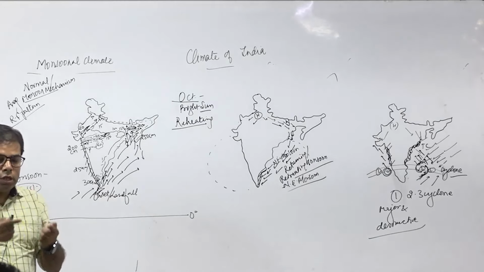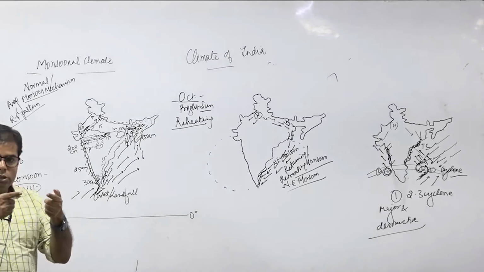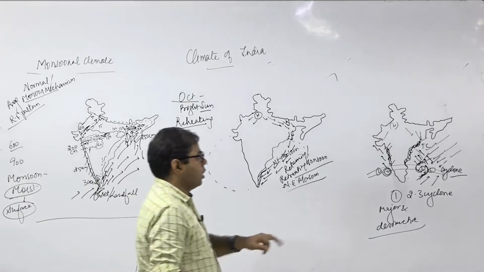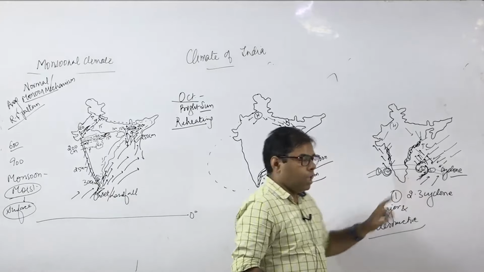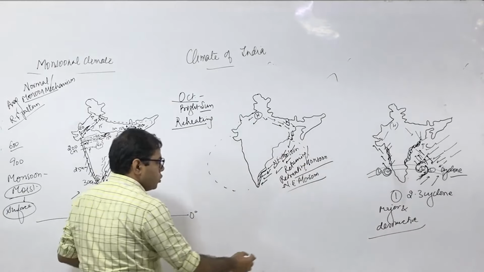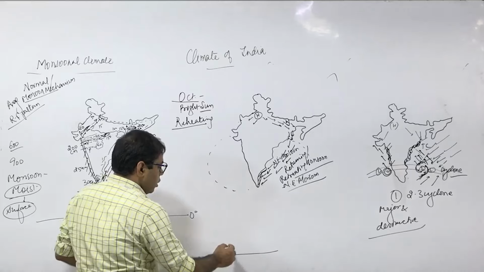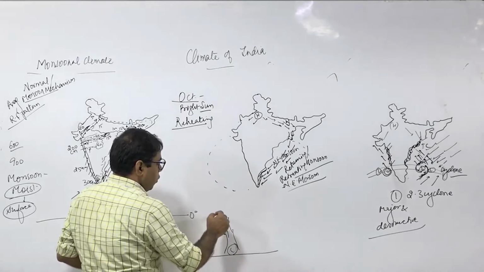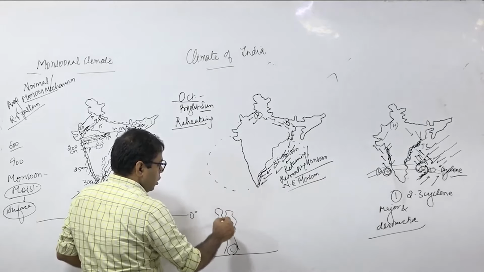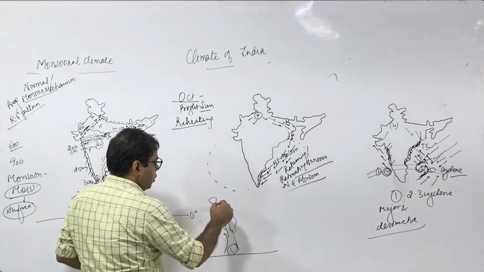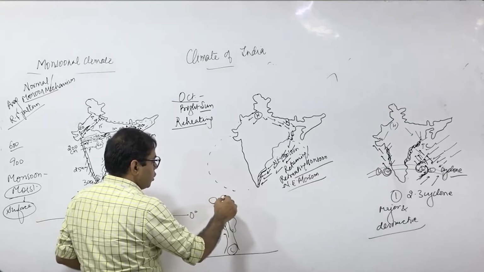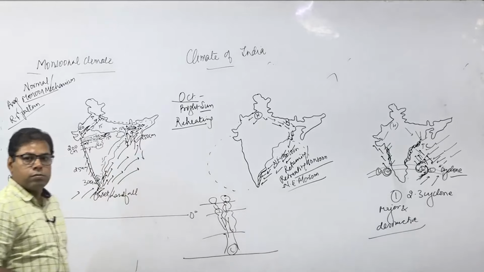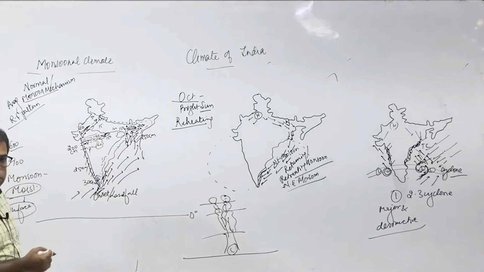As they rise, the process of condensation occurs and clouds form vertically. What type of rainfall will it be? Convectional rainfall. Does this convectional rainfall occur over a larger area or a smaller area? In the cyclonic condition, wind is lifted up and clouds form. This is called a cumulonimbus cloud.